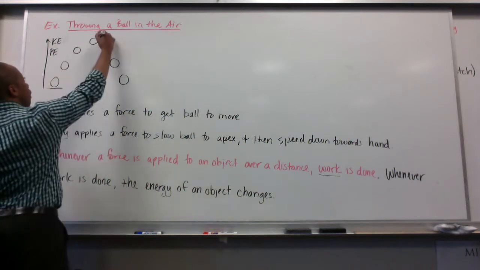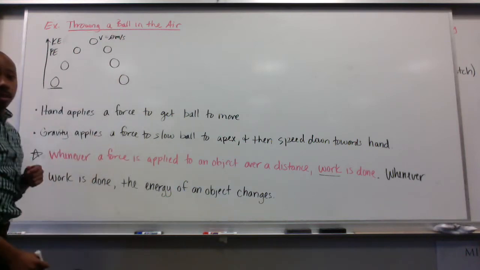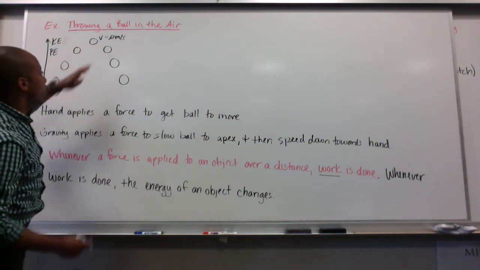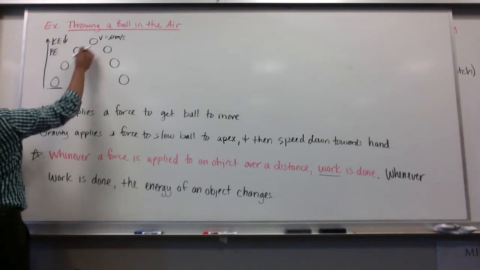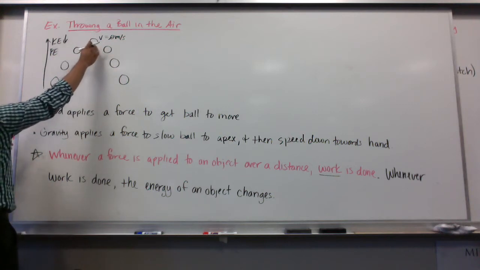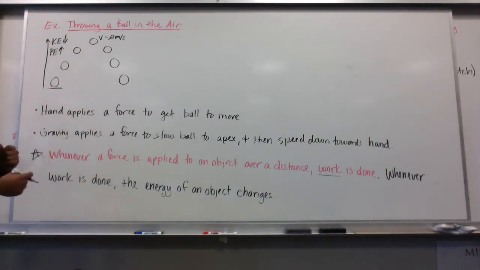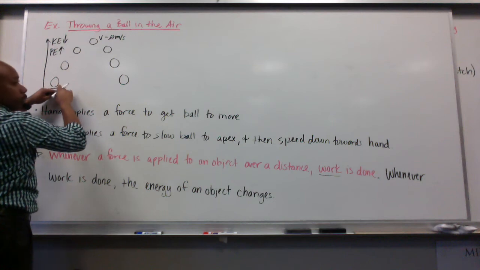At the apex, we know that its velocity is 0 meters per second. In order to get to 0 meters per second, it must be slowed. So kinetic energy is actually decreasing as the ball goes up to its apex, and potential energy is increasing. It's growing in distance from where it originally started.